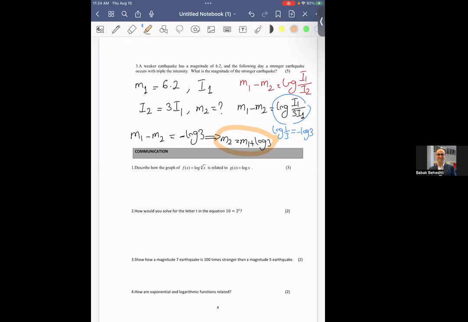So describe how the graph of f of x equal to log of the fourth root of x is related to log x. So here is a simple relation because f of x is just 1/4 times log x.